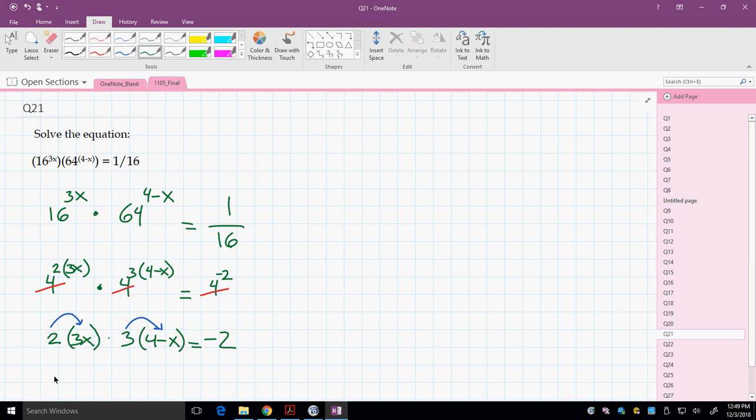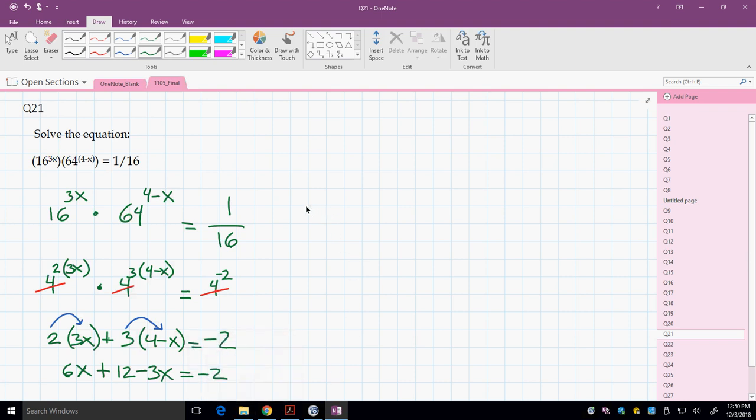So I have 2 times 3 is 6x, and then I have 3 times, remember, they're the exponents. When you multiply, you add exponents. So the exponents are coming down and they are adding each other. So now I got this 3. So 3 times 4 is 12 minus 3 times x is negative 3x equals negative 2.